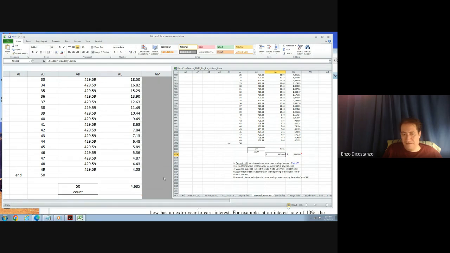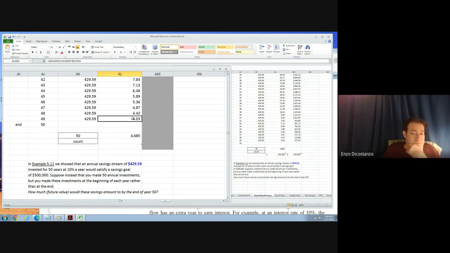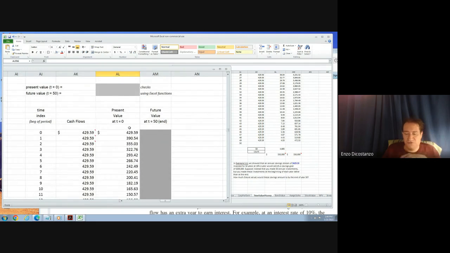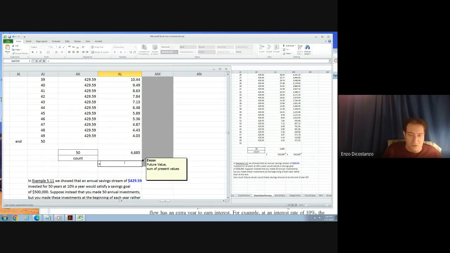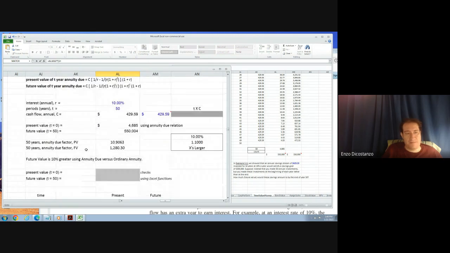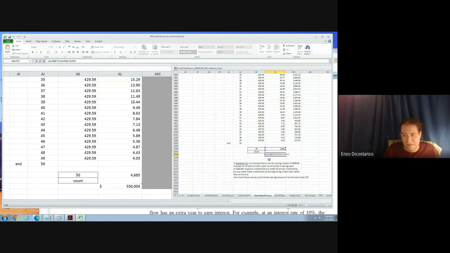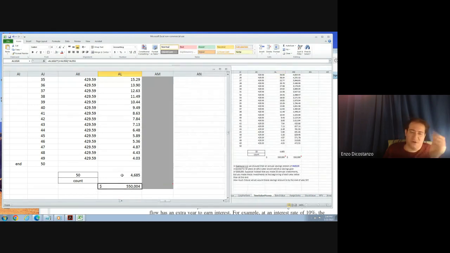And then, what this means is all of these payments, starting with the 50 payments at the beginning of the periods, those are all worth 4,685 at T0. We care what this is worth 50 years out at 10% and then 50 periods. That's 5. I don't know why mine is off a bit. Maybe the version of Excel, but it's off by that $4. We're not going to worry about that right now.